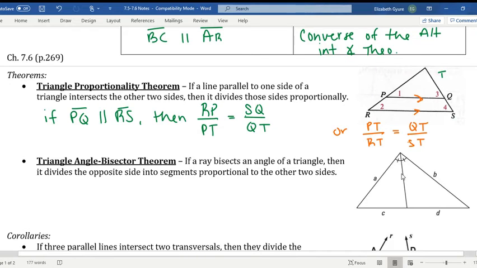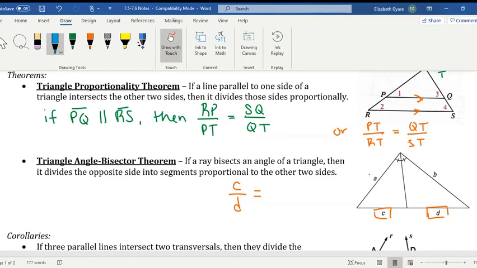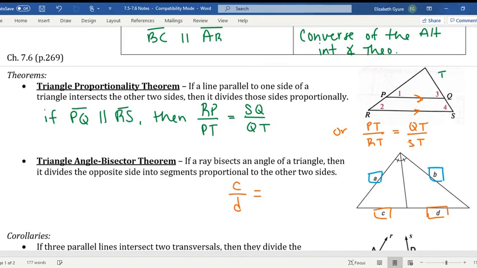And what happens is it divides the side that it intersects proportionally to the other two sides of your triangle. So your ratio of C to D is going to be equivalent to your ratio of A to B.